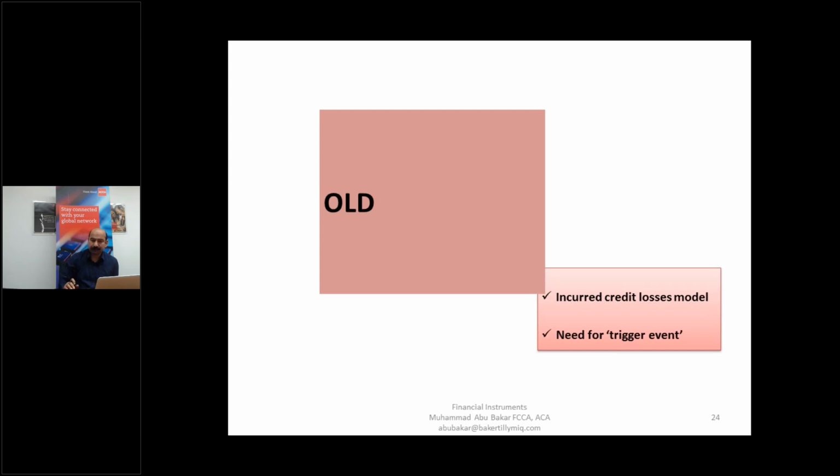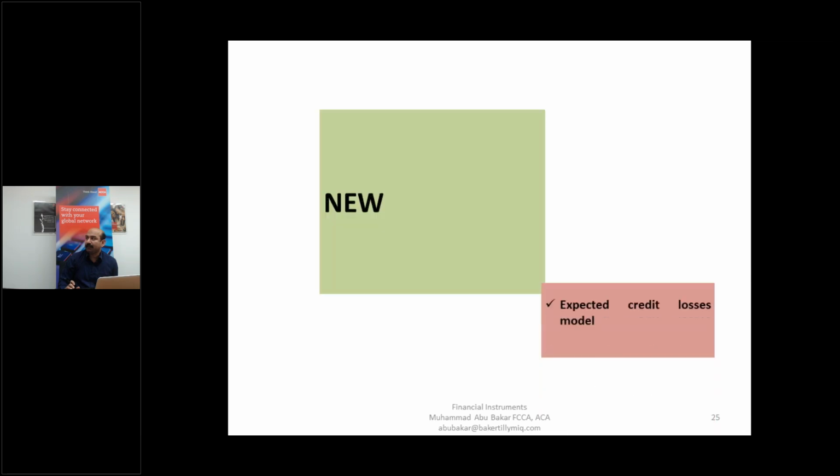What is the new approach? The new approach is basically a forward-looking, expected credit losses model, with no need for a trigger event. See, the new approach eliminates the need for a trigger event to recognize impairment losses.